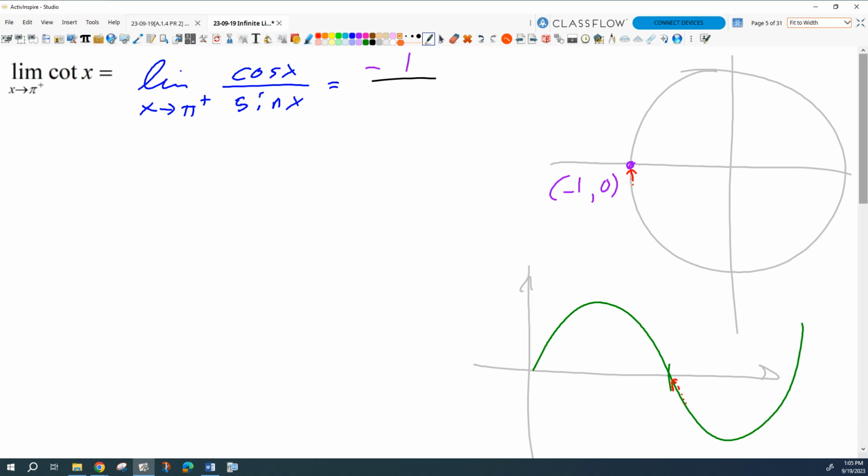Okay, so the sine function is the y coordinate. Well, what's the y coordinate going to be as we approach that point? It's not 0, it's 0 minus, right? The y coordinate, because I'm in quadrant 3 where both x and y are negative. Does that make sense?